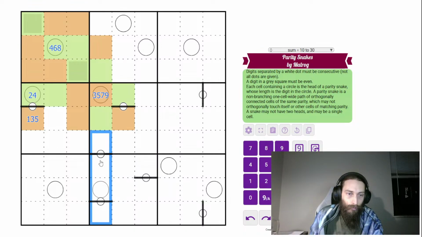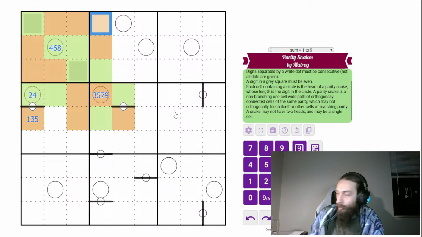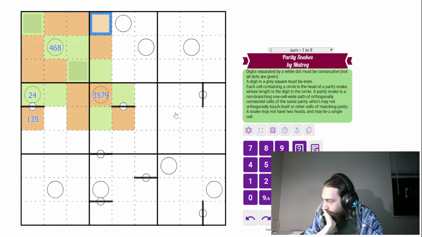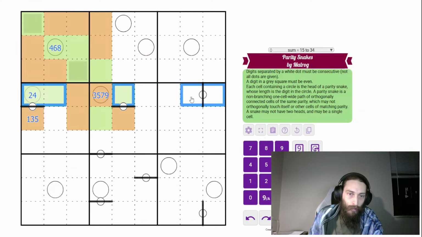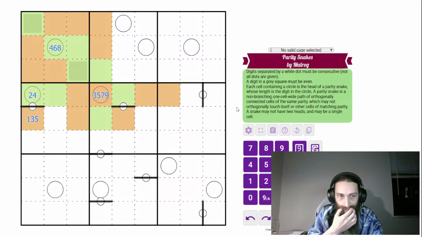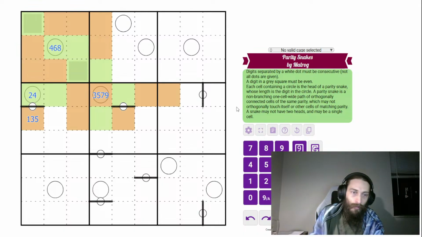So we've got our 2 even digits here, 2 more, so this one has to be odd. Row 4. So those are the 3, and the last one there, those 2 have to be odd. And that is very true.